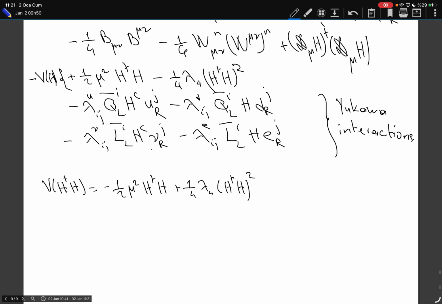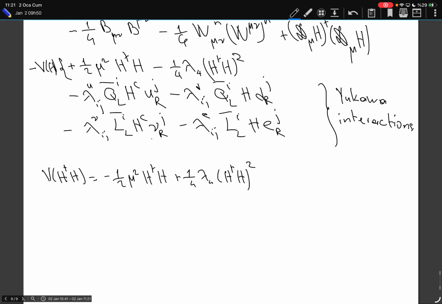The mass term has a plus sign here, but here it is minus. So if you look around the empty state, the Higgs has an imaginary mass, or it's actually a tachyon. But if you go to the ground state, as we will see in a moment, the masses are all real. What does this look like, V as a function of H dagger H?